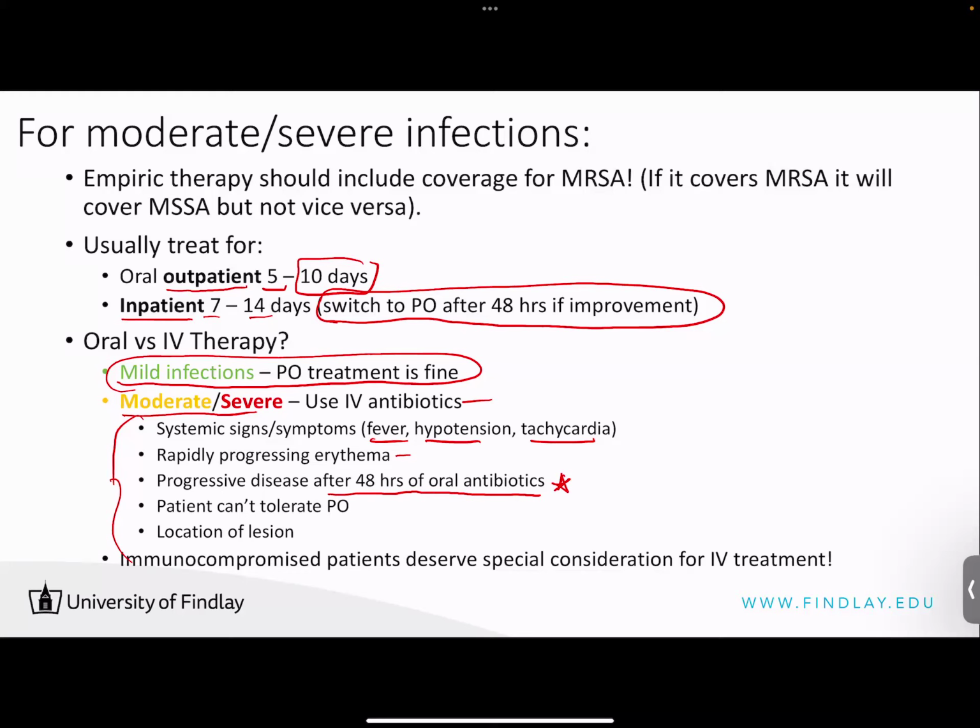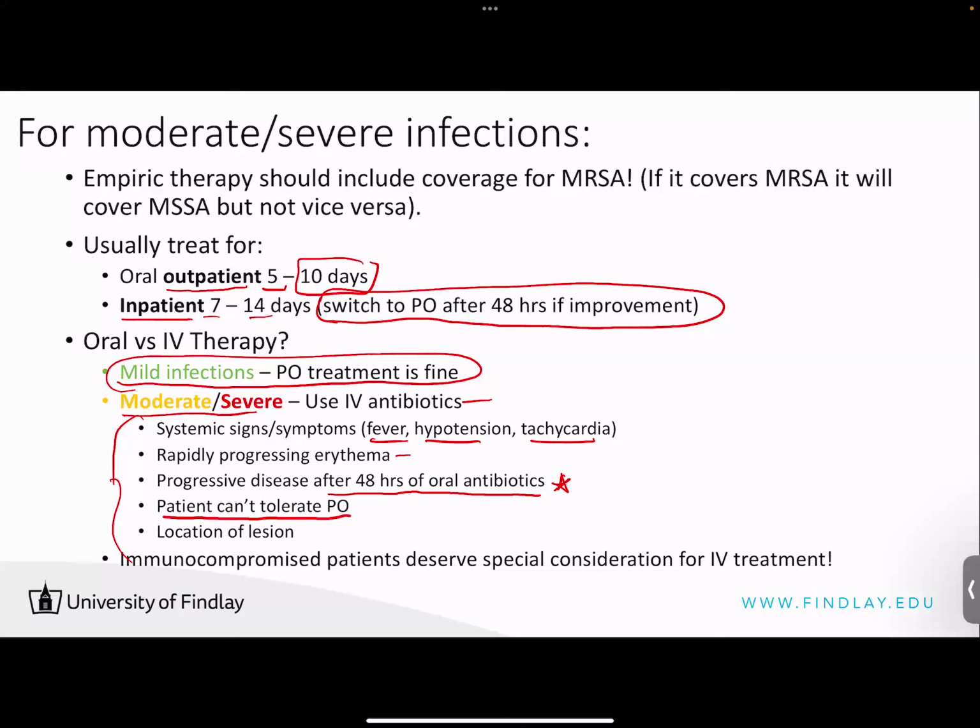I came in and saw my doctor 3 days ago for this bump on my leg, and he looked at it, he cut it, and gave me a Keflex 500 QID. 3 days later, I'm not getting any better. In fact, it's starting to look red and spreading again. So maybe that wasn't the best choice. Despite me having no risk factors for MRSA, the Keflex didn't cut it. And it's probably MRSA, which is why I'm not responding to the antibiotics.